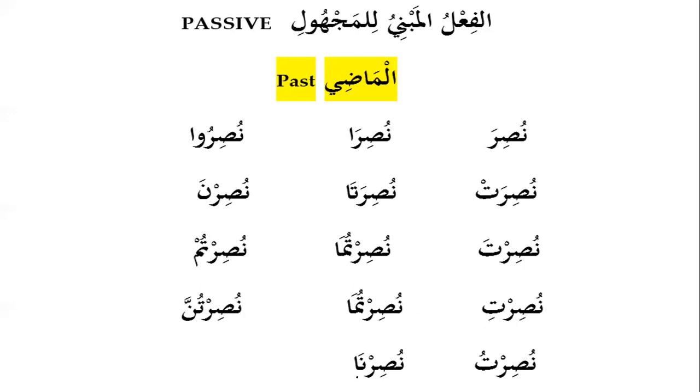Based on this conjugation, you can memorize several verbs and do several conjugations. It will save your time, and it will also save your energy. For example, I was helped, nusirtu. You were helped, nusirta. We were helped, nusirna. So once we know the conjugation, inshallah, it will be much easier.